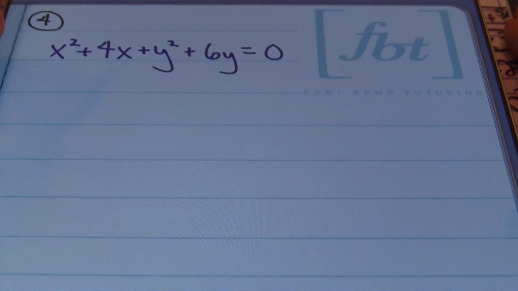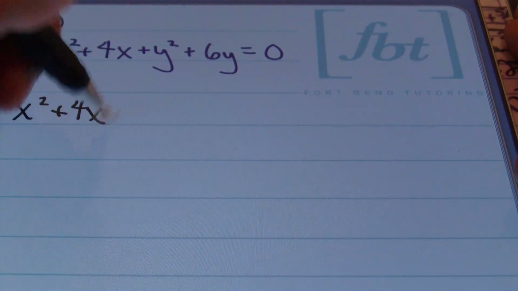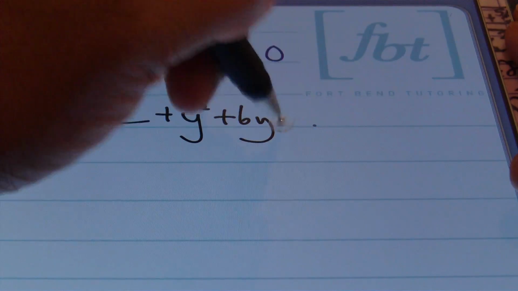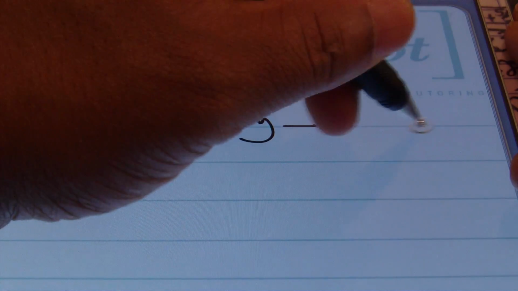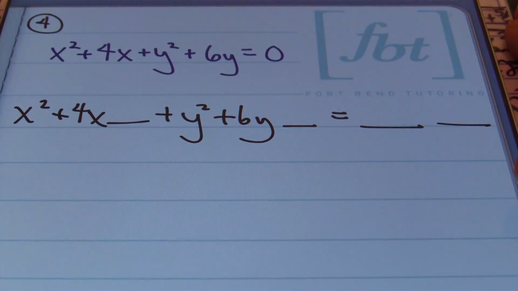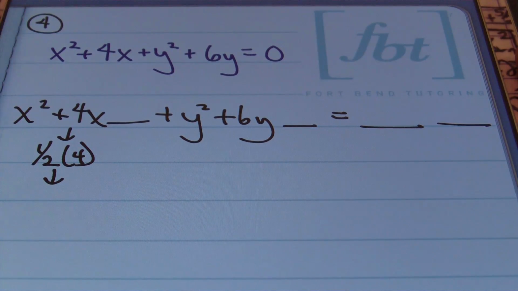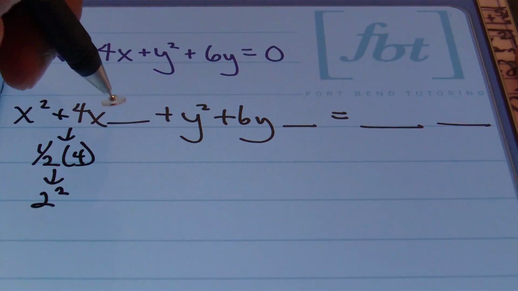So that means I'll be rewriting this as x squared plus 4x blank plus y squared plus 6y blank equals blank blank. There you go. I'm going to have 2 blanks there on the right side. Just saying. That being the case, we're going to take half of the middle term's coefficient and then square it. So taking half of 4, that gives us 2, and then 2 squared is 4.